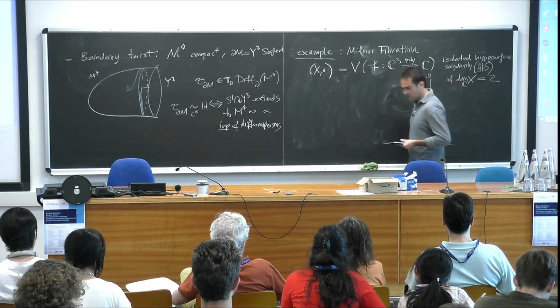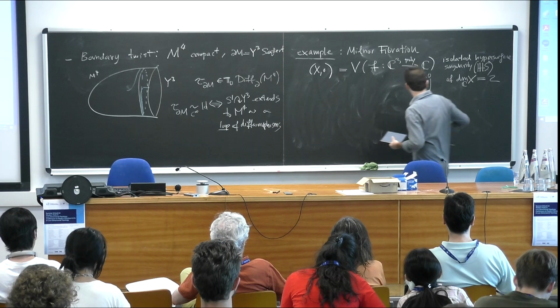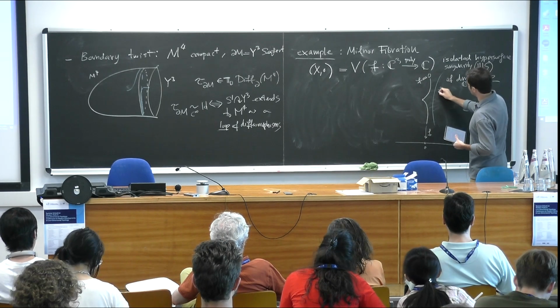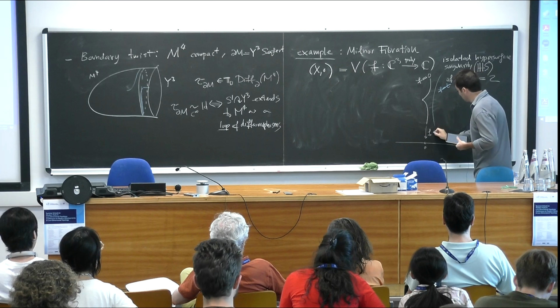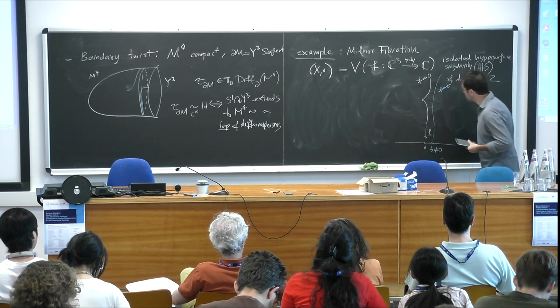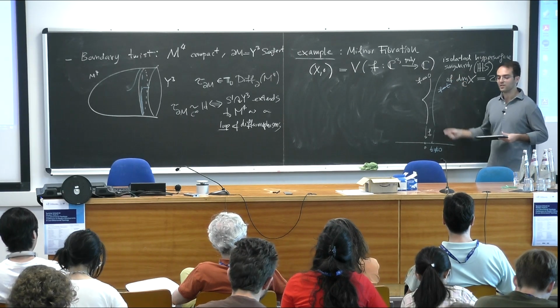But then you can consider a nearby fiber. Let's call it f equals t, where t is non-zero and small, and then this will be non-singular.